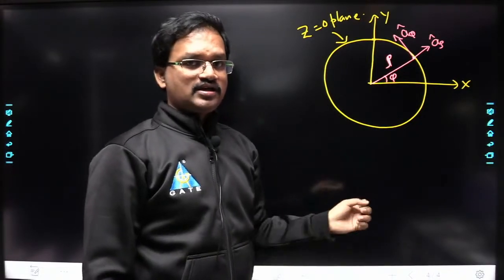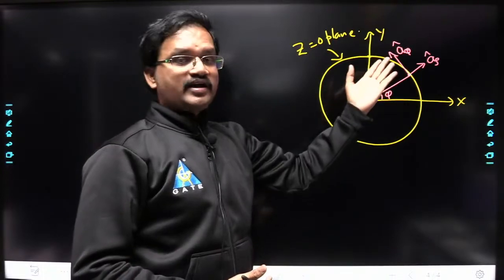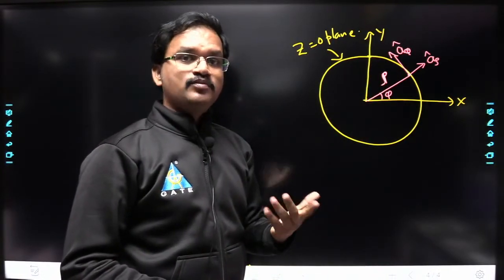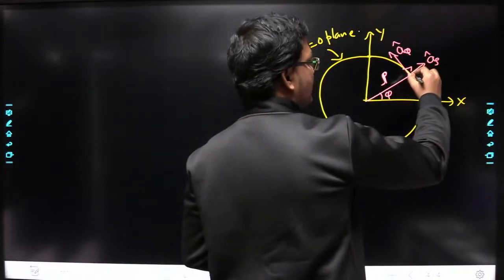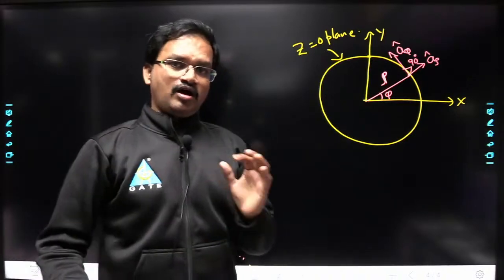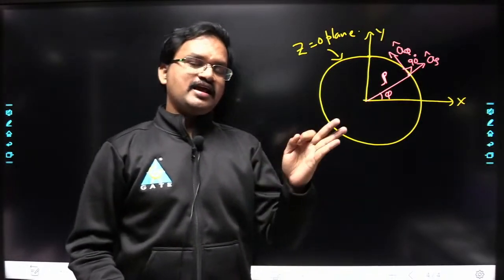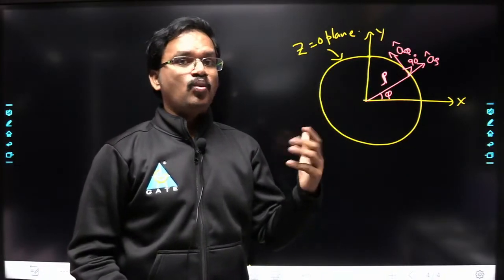This is an orthogonal coordinate system, so the directions of rho and phi must be mutually perpendicular, and the angle between them is 90 degrees.